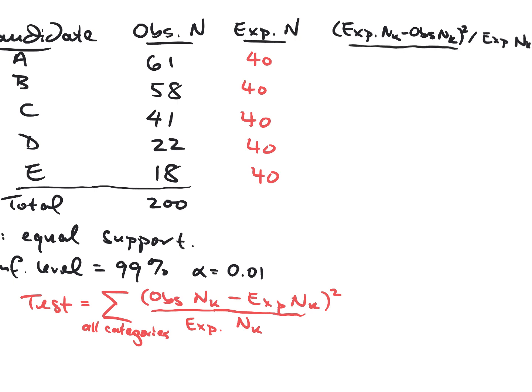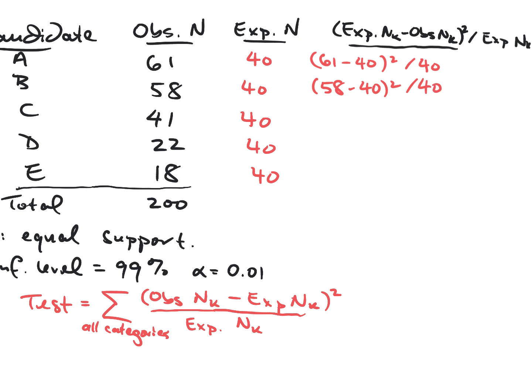So for category A, we observe 61, and we would expect 40 under our hypothesis. So 61 minus 40 squared divided by the expected number, 40. Second category, we observe 58, we would expect 40, so this will be 58 minus 40 squared over 40.